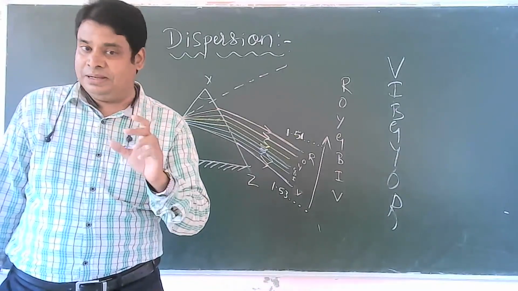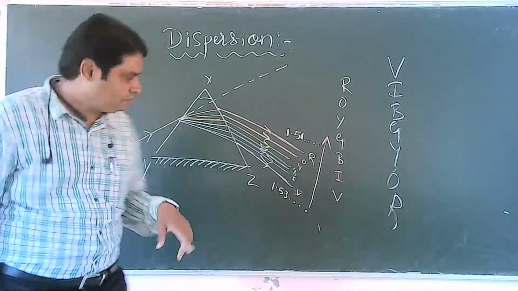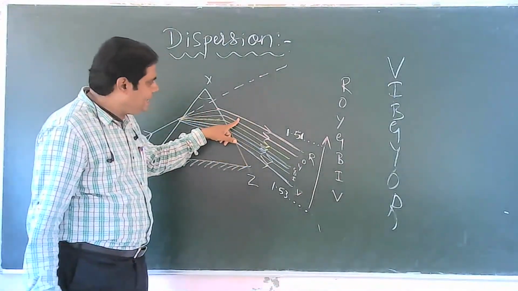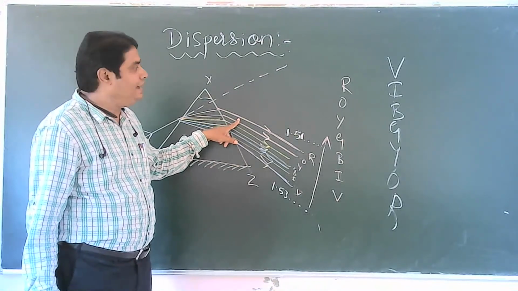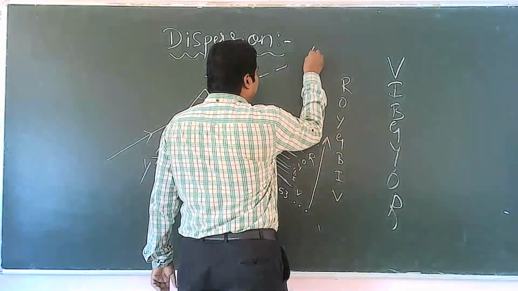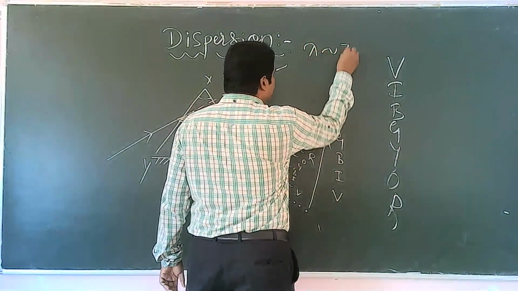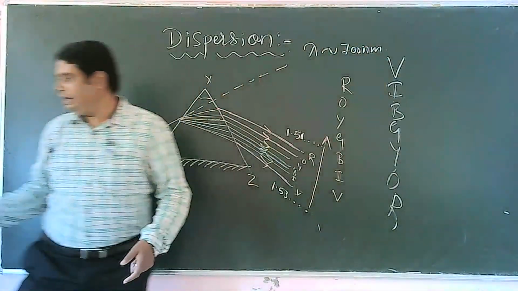The concept of color is associated with the wavelength of light. See, red has longer wavelength. The wavelength of red is almost equal to 700 nanometer.